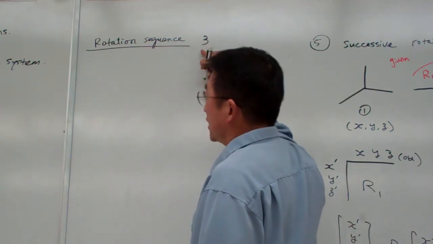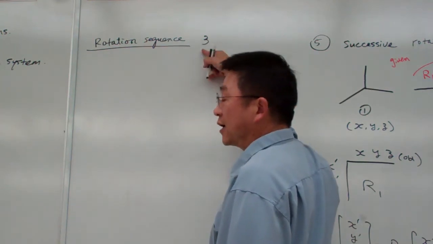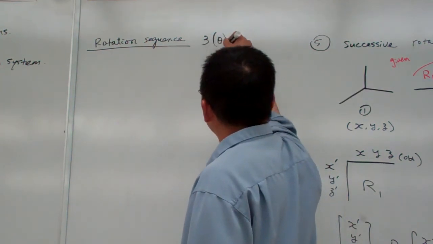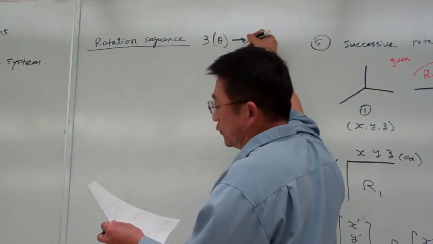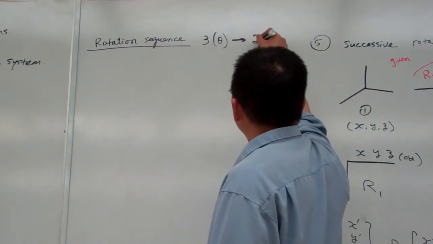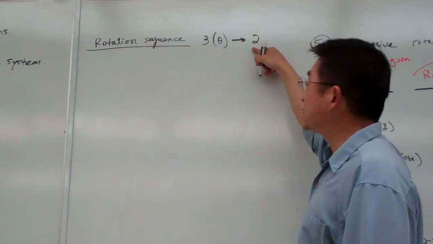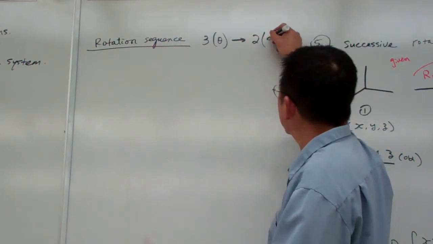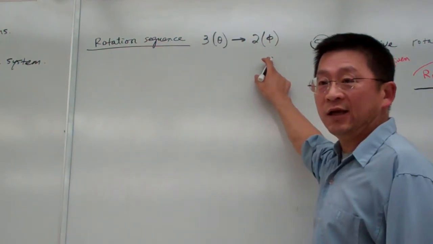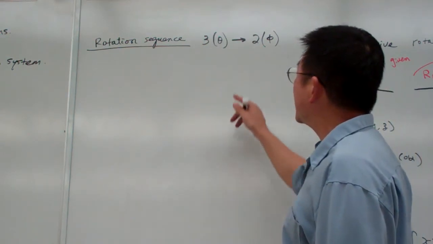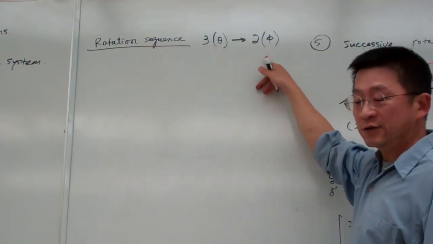We first rotate about the 3 axis, which is the k axis, by an angle theta, and then follow up with rotation about the 2 axis, which is the j axis, by an angle phi. Let me explain this one in detail. That is the quick notation.